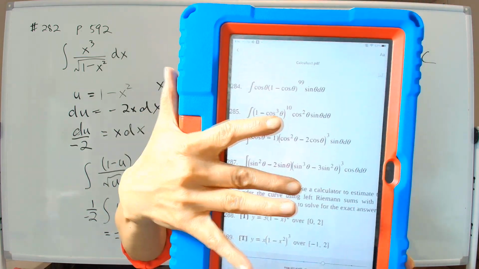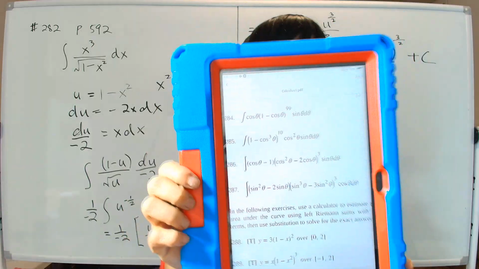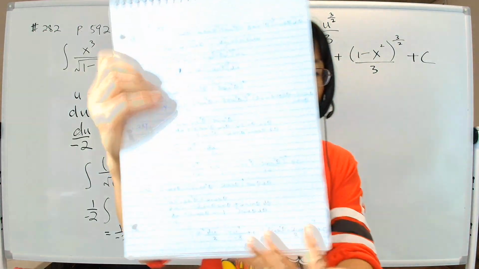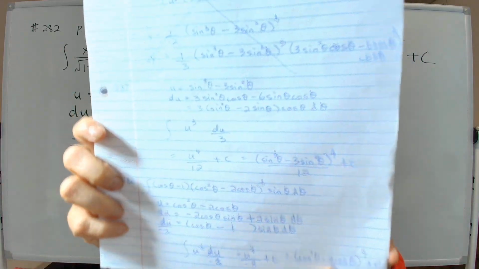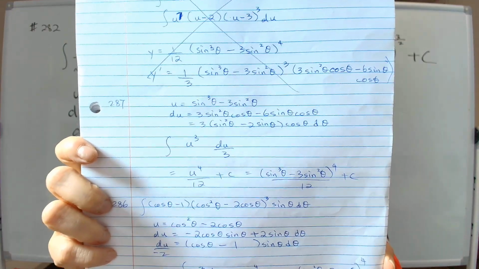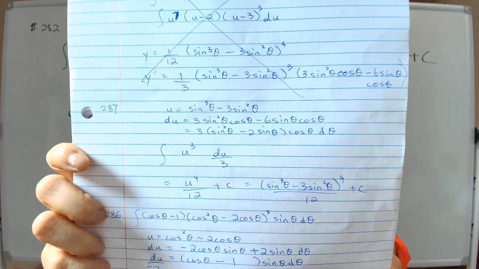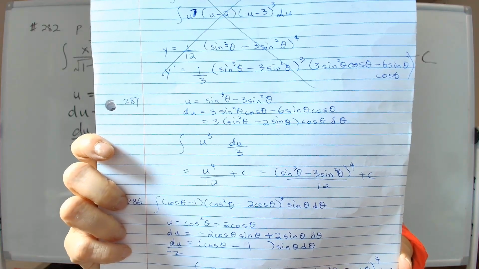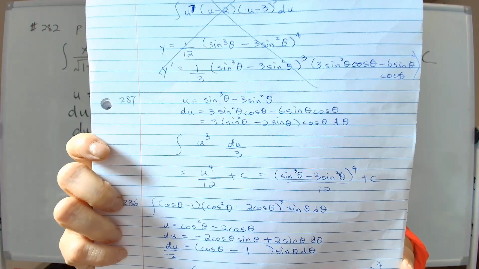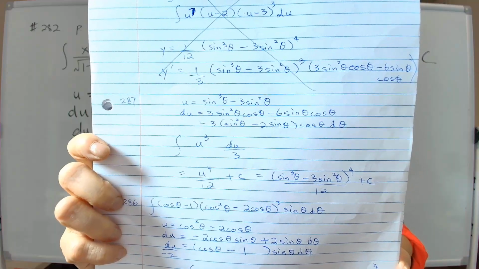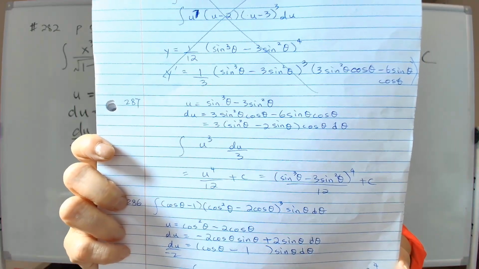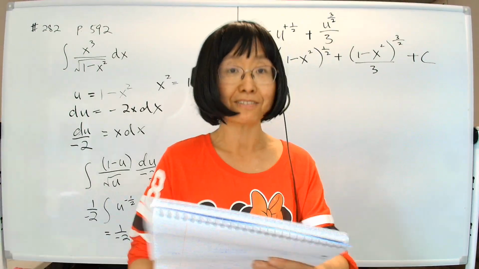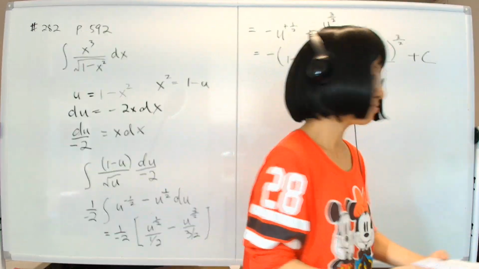In other words, you let u equal that term. If you let u equal sine cubed minus 3 sine squared, and then you calculate du, you realize the whole thing shakes out to become the integral of u cubed du divided by 3. That's it. Then you calculate that, and the answer falls out right away, nicely.